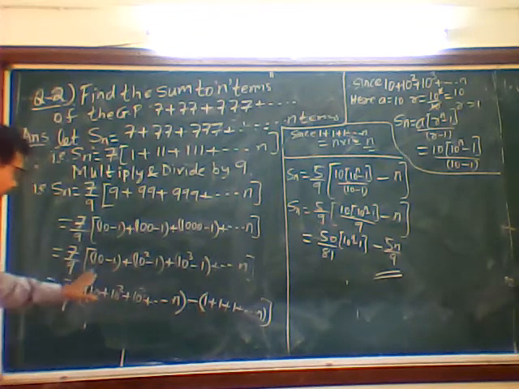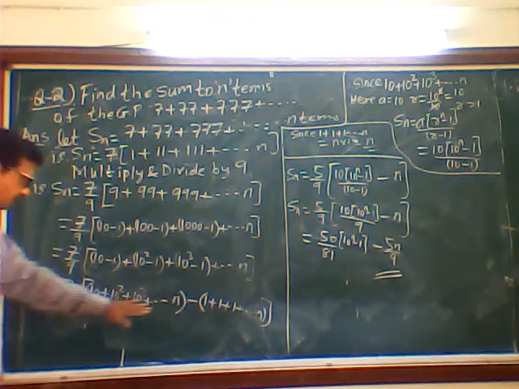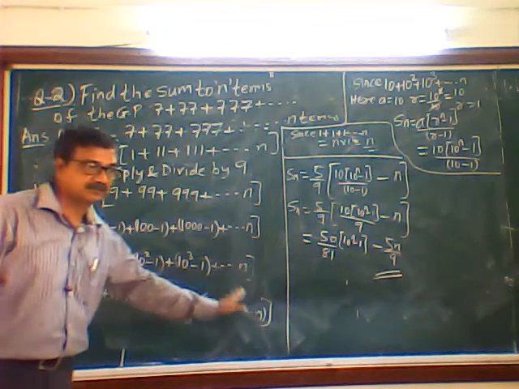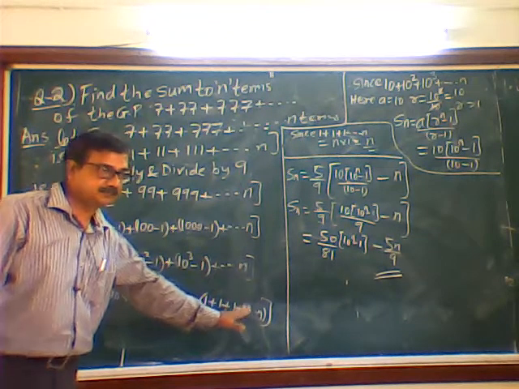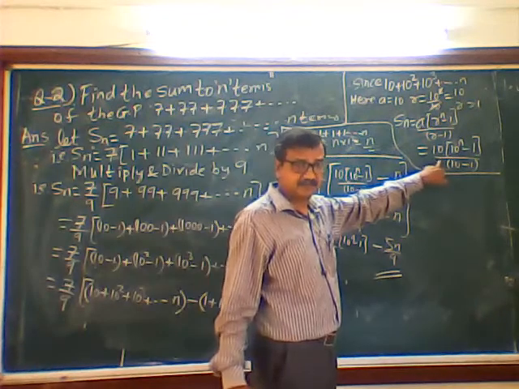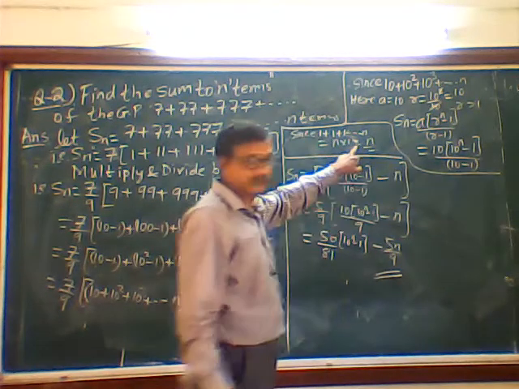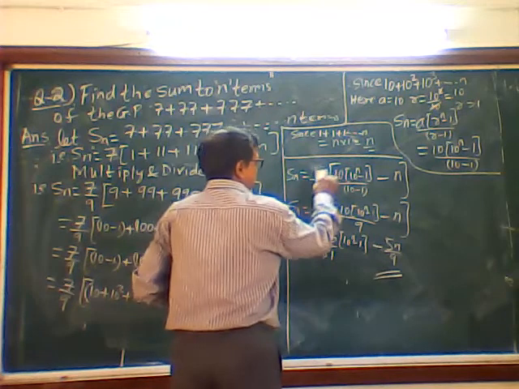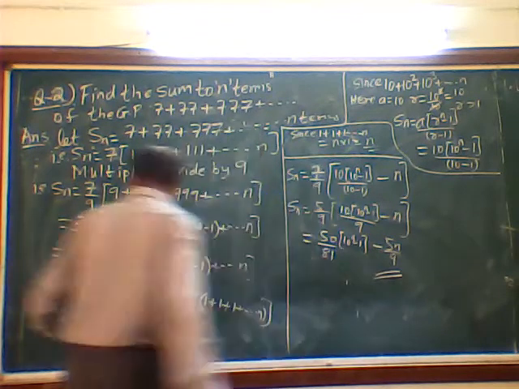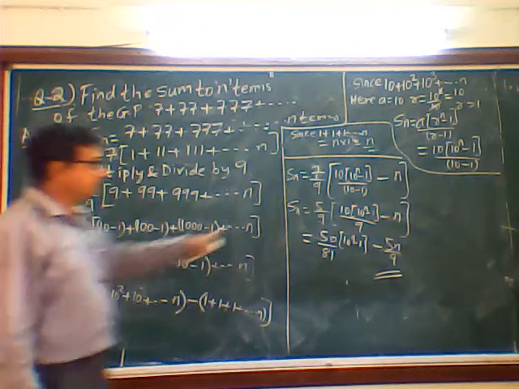Then again, in the same way, I have taken the 10 series on one side, and the minus I have taken common: 1 plus 1 plus 1 plus dot dot. That series is different here, but otherwise it is the same. Now after I get this, I come to 7 upon 9 into whatever I have got.